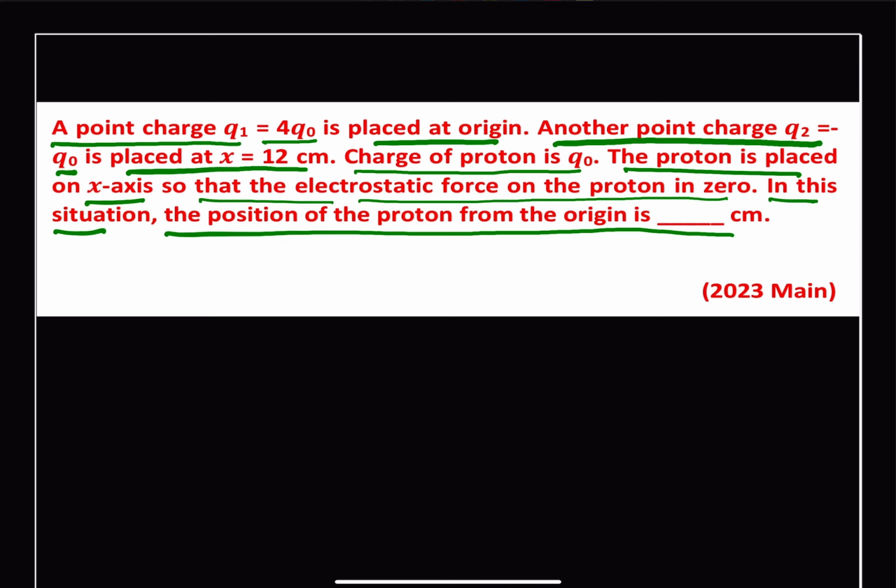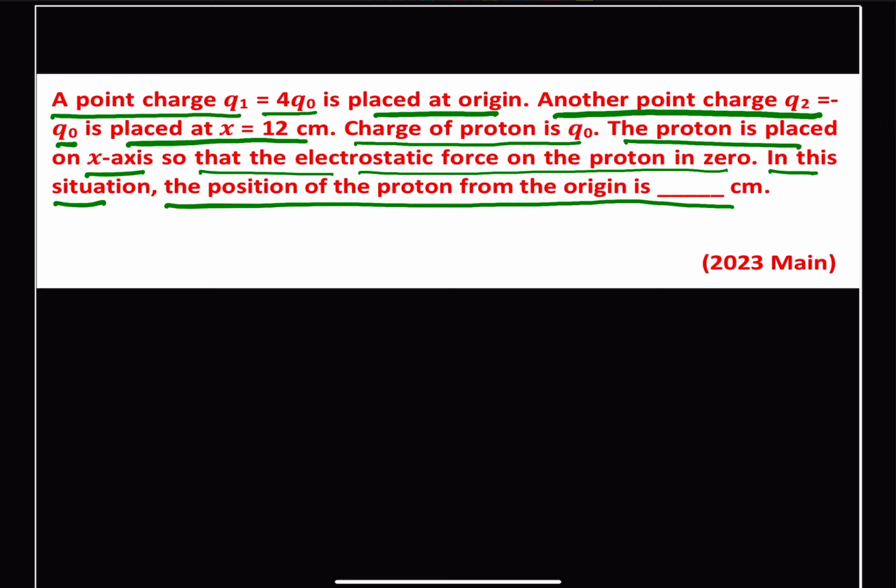So here we are given that, suppose this is our origin, and here we place a charge Q1 whose magnitude is 4 times Q naught, and at a distance x we have placed a point charge Q2, which is minus Q naught, and this x is given as 12 centimeters.